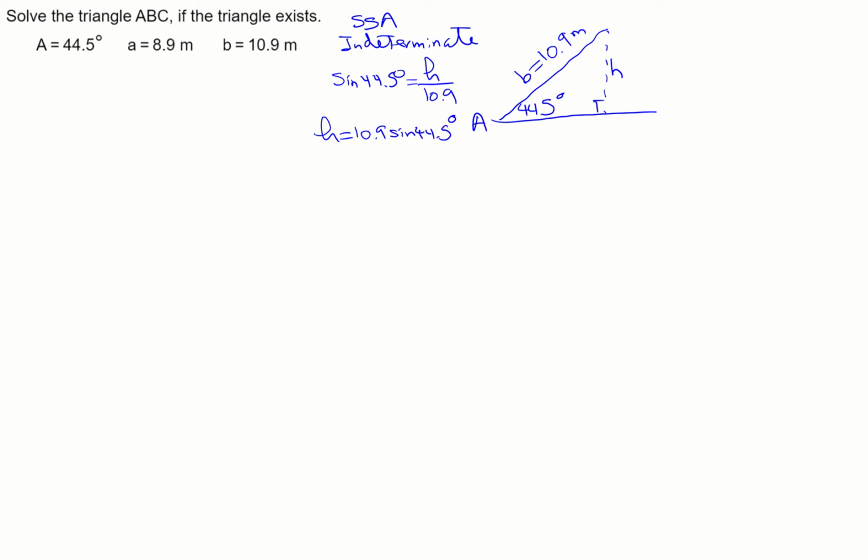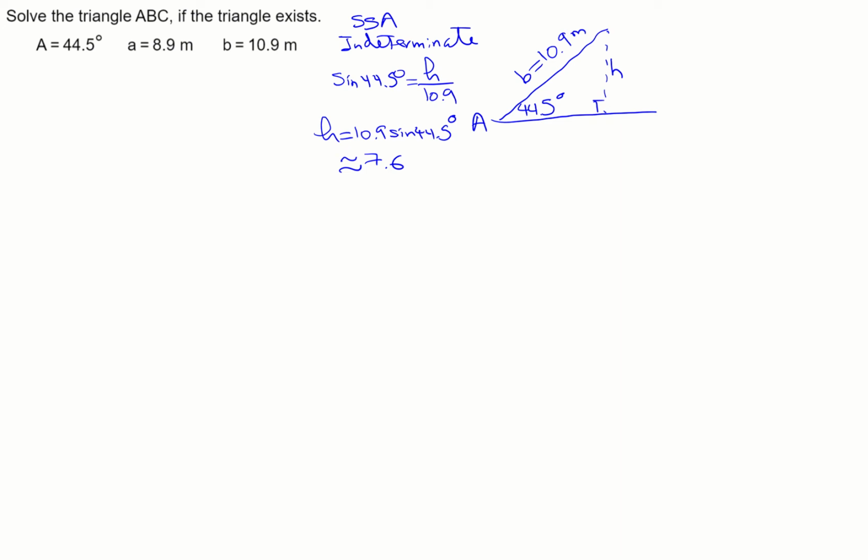Now, this is a rather long problem, so I went ahead and did the computations, otherwise this video would take too long. If you verify on your calculator, you'll notice that this is approximately 7.6.